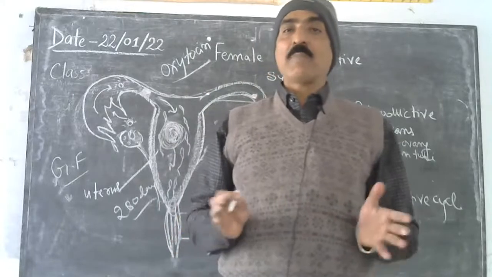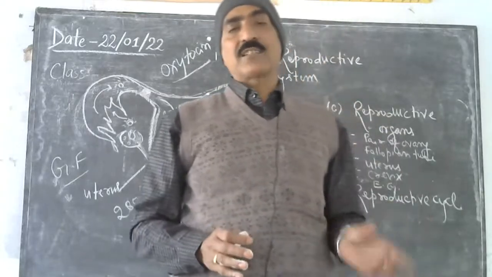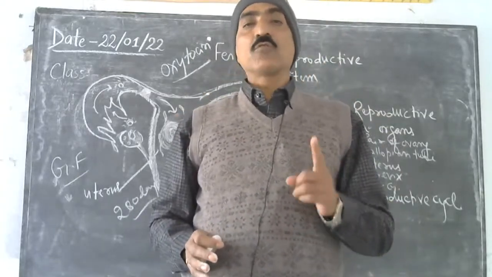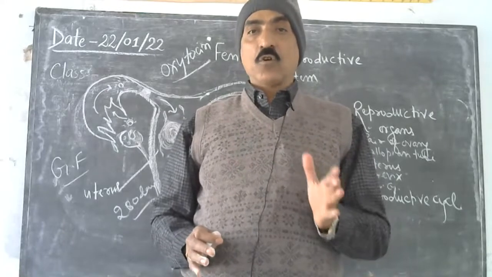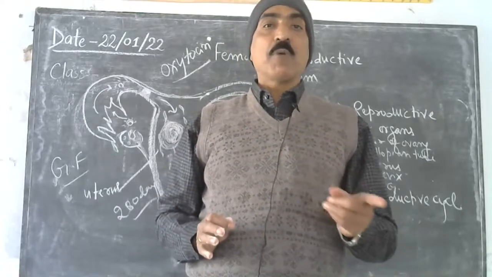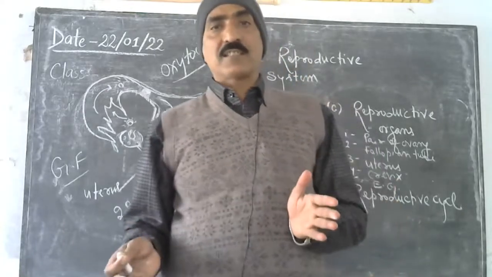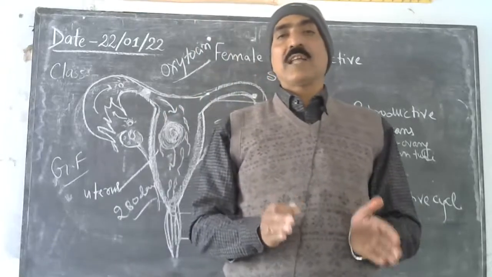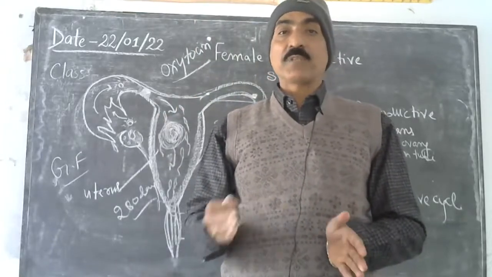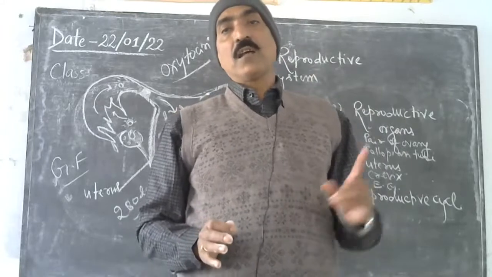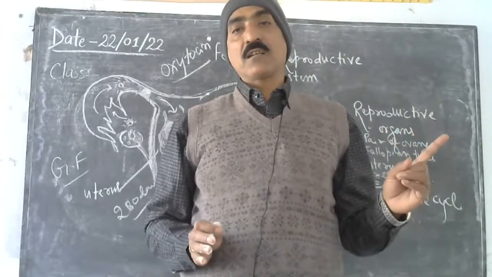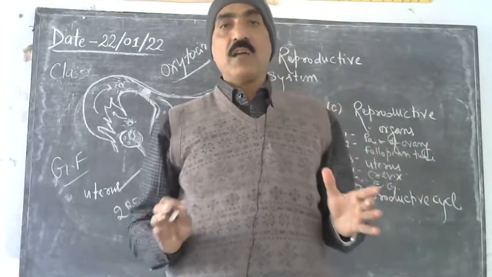For that, a family planning system started, which teaches how to curb the population growth by reducing the number of children, and all the schemes applied are called contraceptive methods. So we will learn about the contraceptive methods, how we can control childbirth.